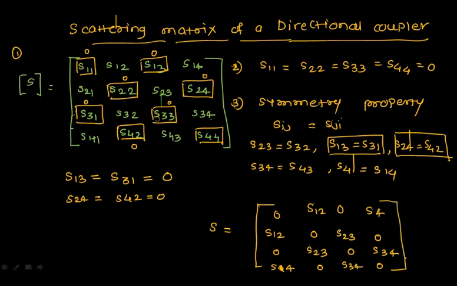We have applied 3 properties, and the last property which we are going to apply here is that when you multiply this with the complex conjugate of this one, you will get the identity or unit matrix.